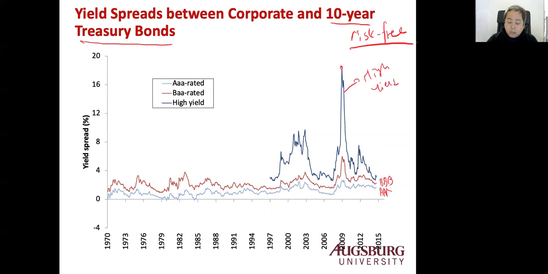And this spread increases a lot when the economy is bad. This is the Great Recession period. This is the dot-com bubble period, right? We have consistent changes, but in risky situations, the high yield spread is a lot higher than for lower yield bonds. So this is one indicator of the economic situation.